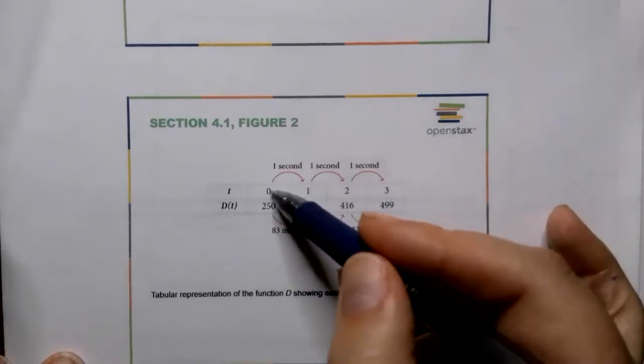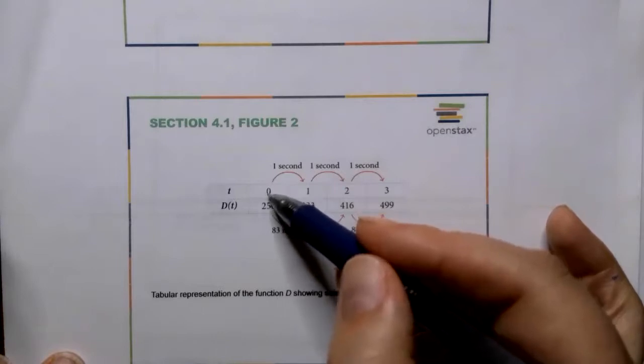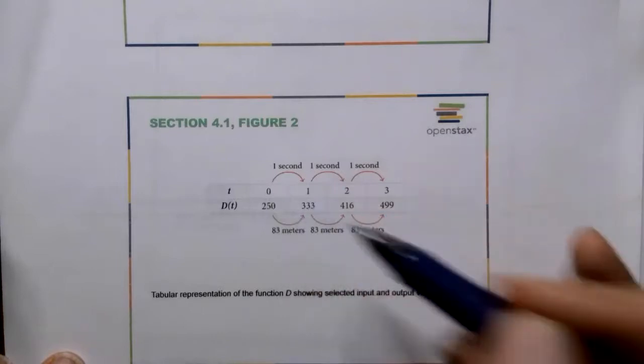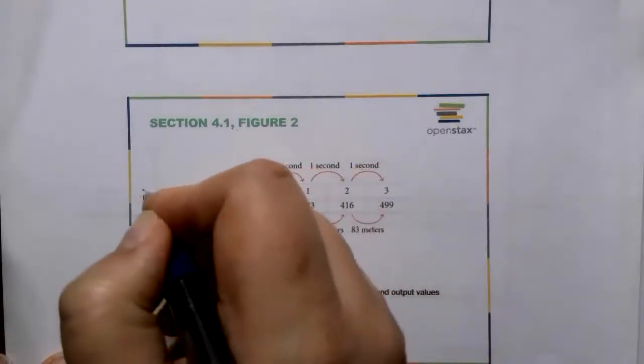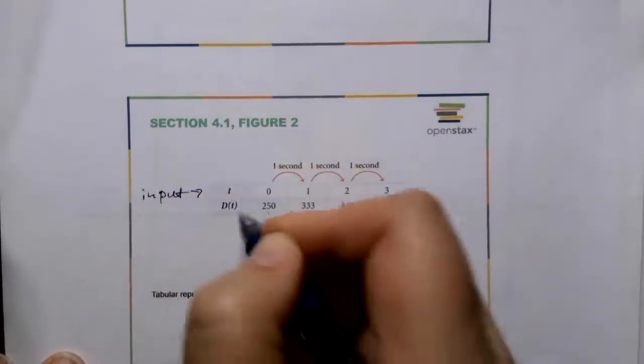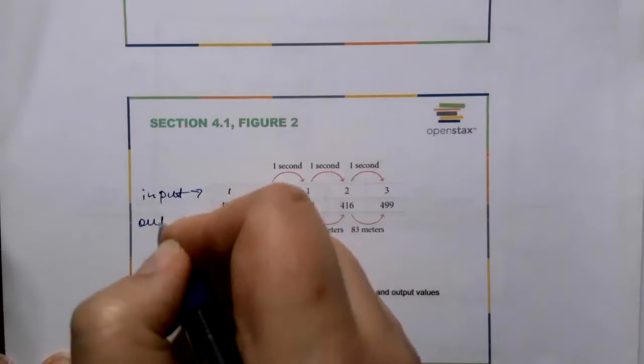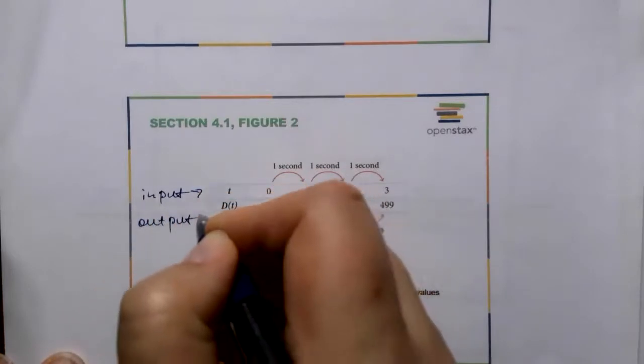So when t equals 0, at the beginning of when we start counting time, the train is... time is your input, and distance is going to be your output, right?